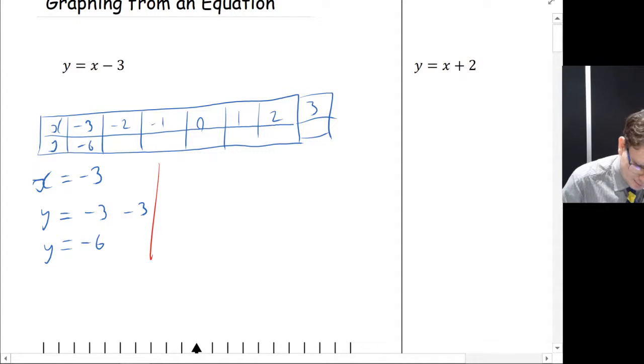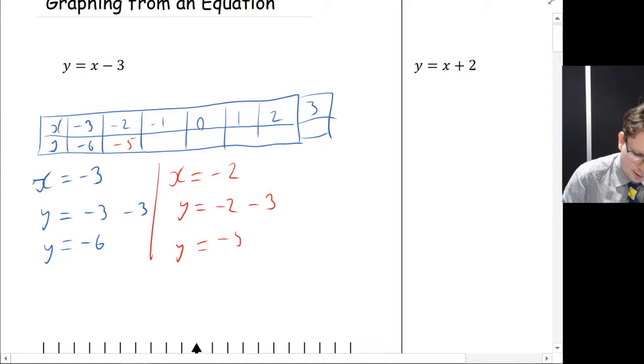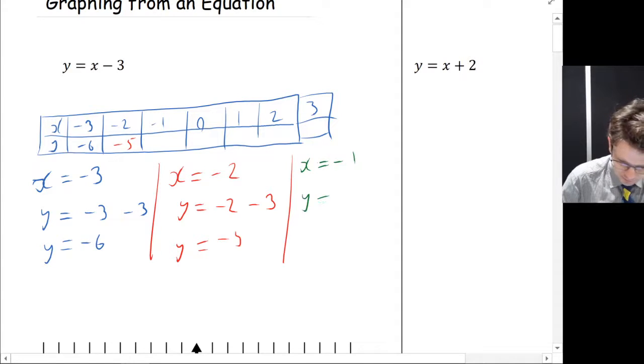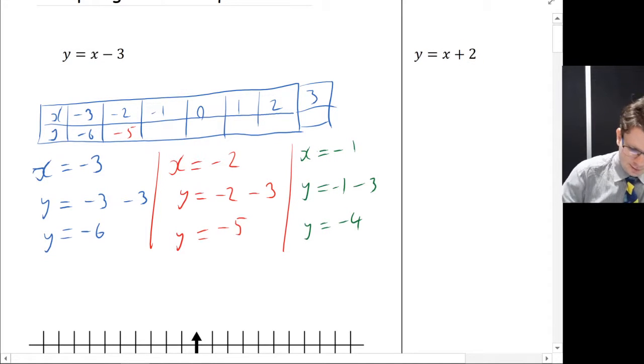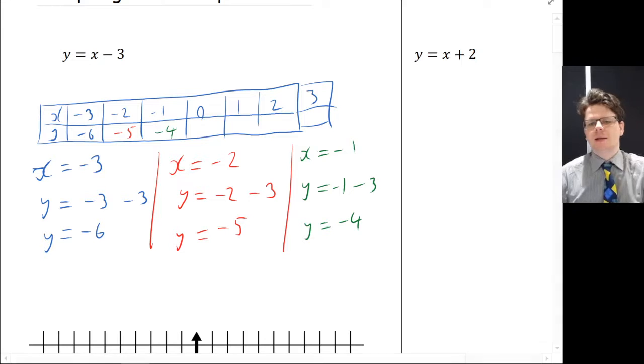Let's do the next one. Alrighty, let's do the next one in green. Alrighty, so we can see already that there's a bit of a pattern here.